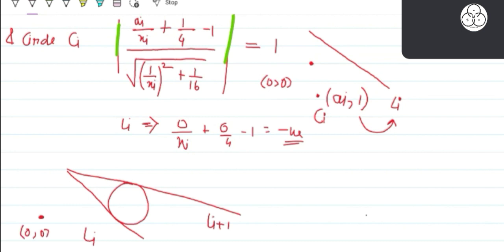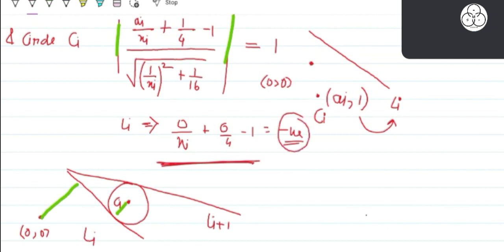We can clearly observe this is the center Ci. For Li, the center and (0, 0) are on the opposite sides. And for any Li, Li(0, 0) is negative.